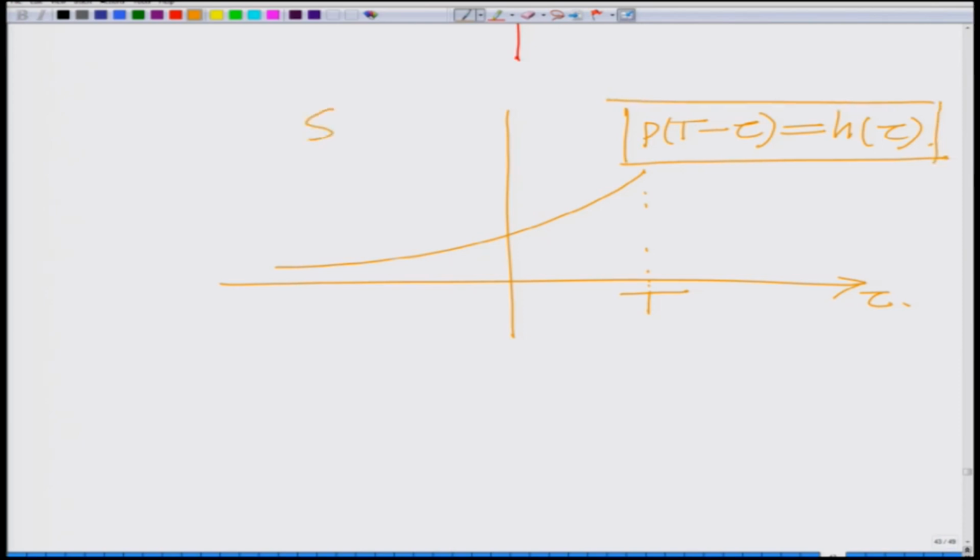This is your step 2, and this is the optimal filter.